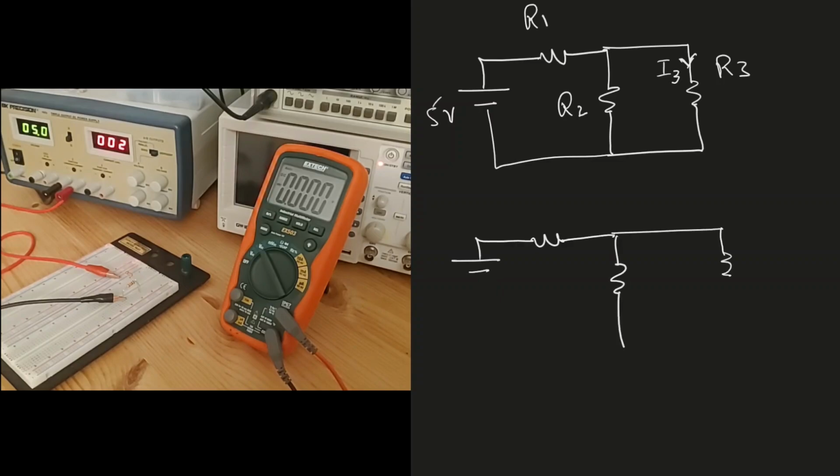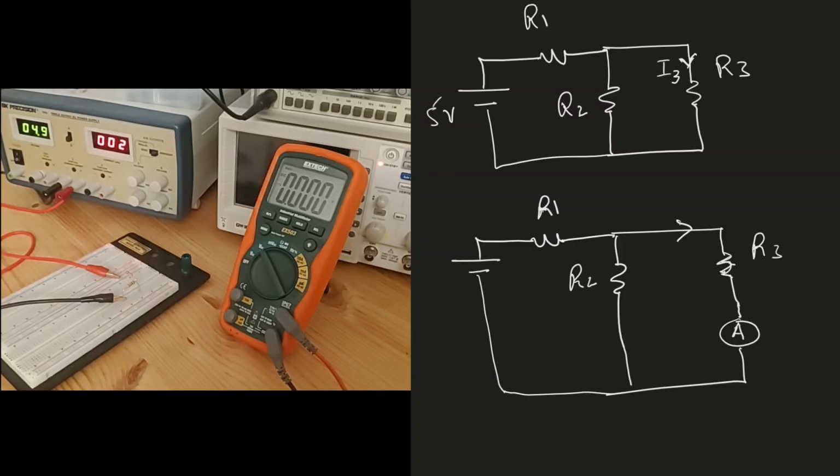So I will have to place my meter over here. This is a current meter, so I will write A inside, and we will call it an ammeter. Again, R2, R1, and R3. The current I3 that is flowing in the resistor R3 is also flowing in the meter. This is the red probe, and this is the black.